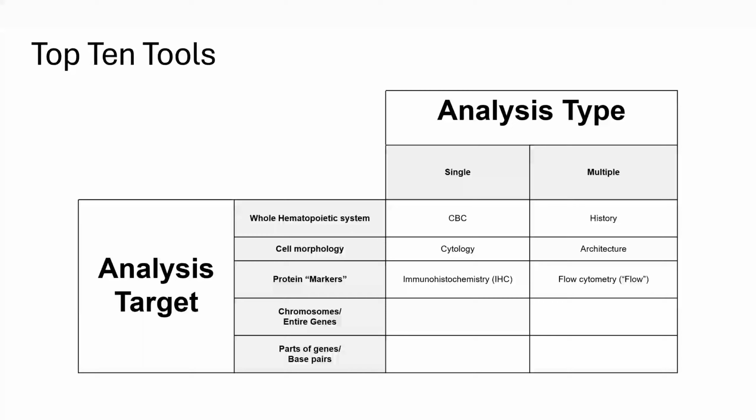If we dig deeper into the nuclear material, we can identify chromosomes and entire genes with fluorescence in situ hybridization, or FISH. With this approach, we can identify one gene at a time and see whether it is intact or whether it's broken apart into smaller pieces and gets split up and sent to another part of the genome.